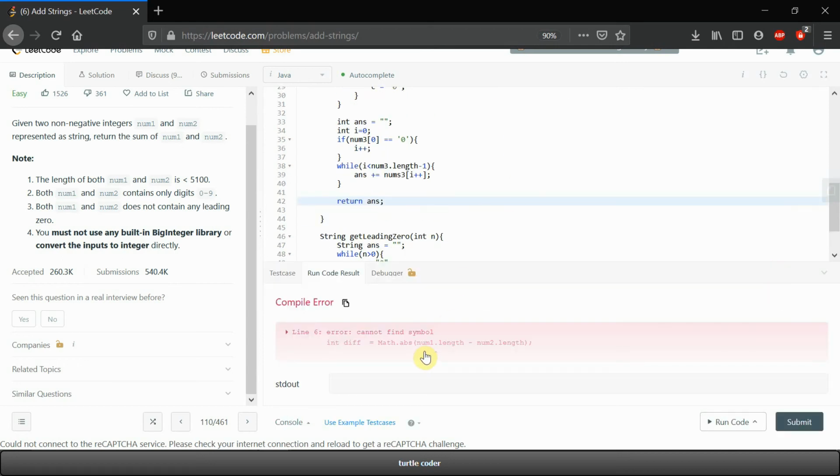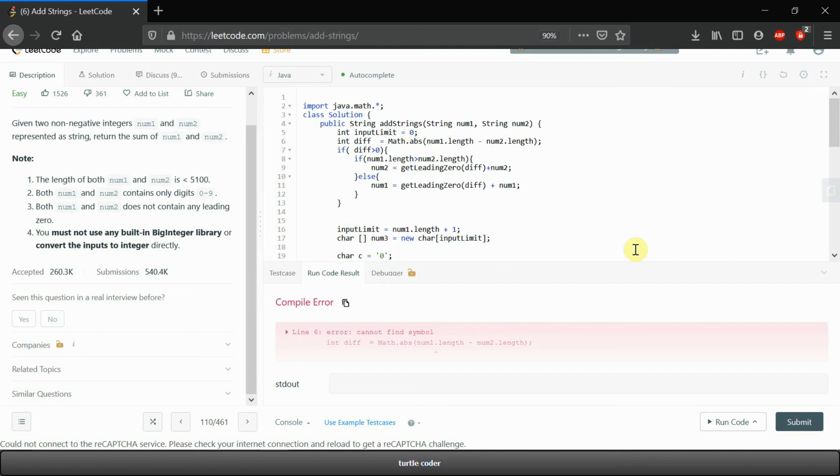Cannot find the symbol num1.length. What's the symbol? num1.length minus num2.length. Come on, it has to work.